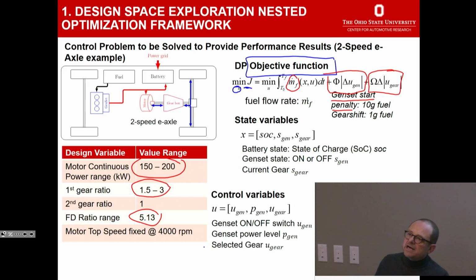If you do not assign a cost to starting the generator set, every time you start the engine, there is going to be some extra additional fuel consumption for the engine start. So we said, look, every time you start that engine, you're going to consume an additional 10 grams of fuel.